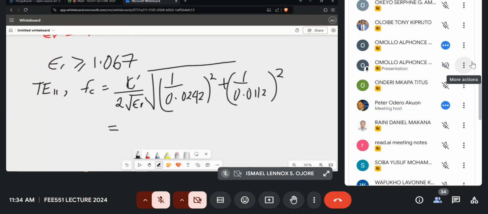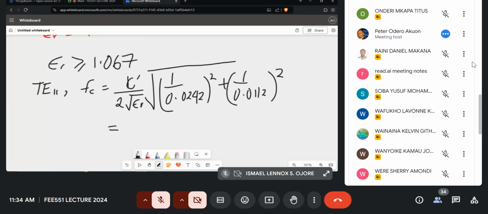So this becomes... They're all full. This is green.